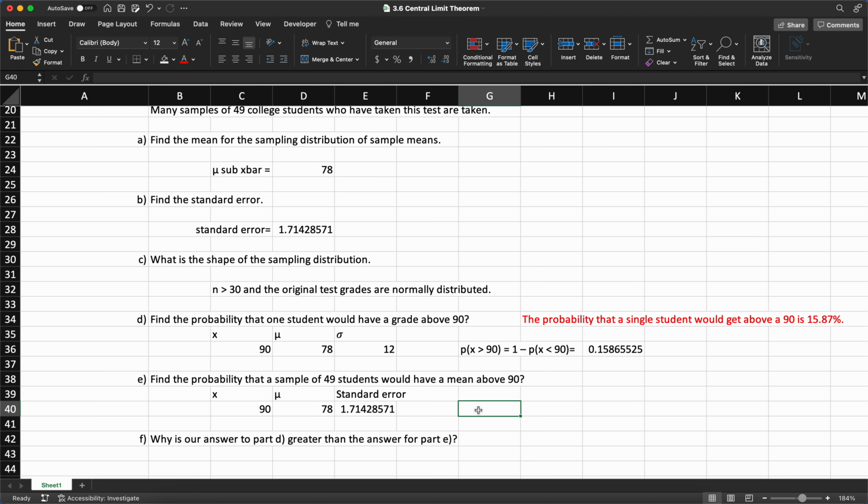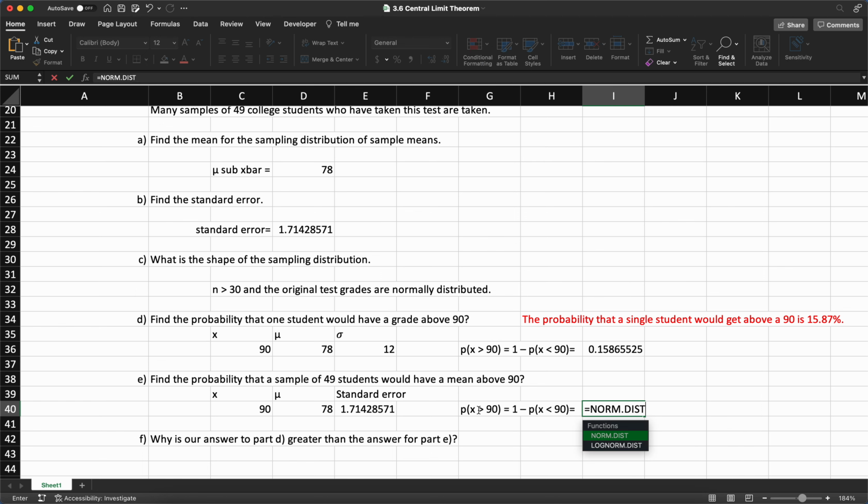Okay. Now let's find the probability that this group of 49 students has a mean above 90. So the probability that X is above 90 is still 1 minus the probability that X is less than 90, which is found using my norm.dist function.